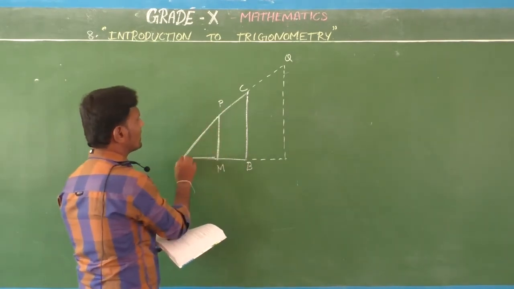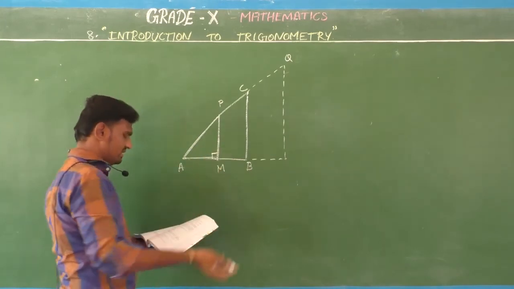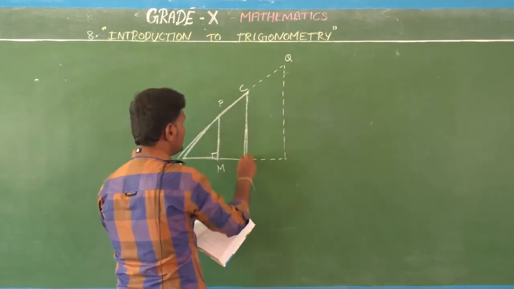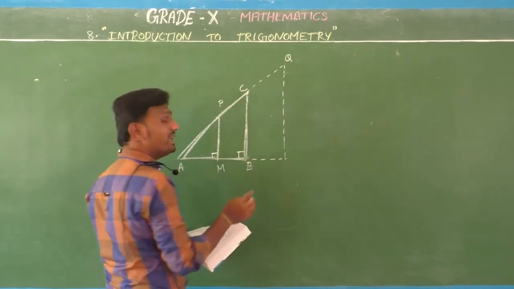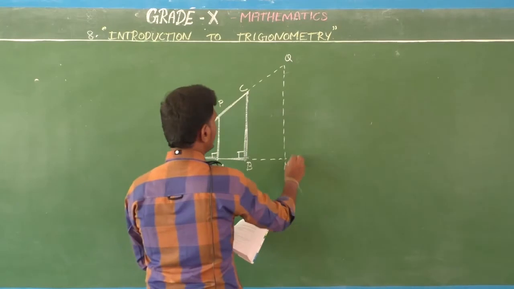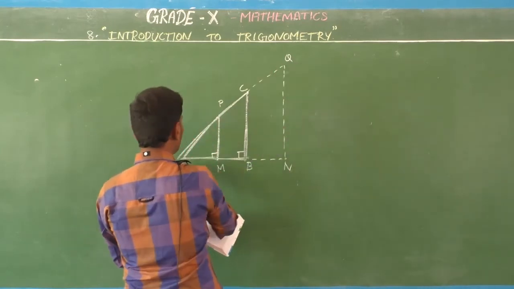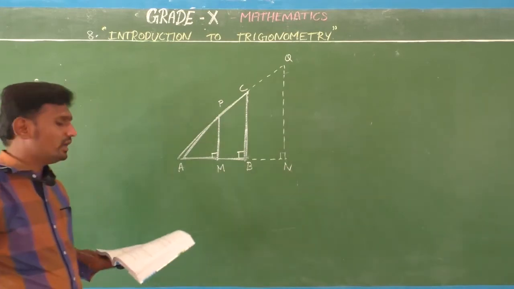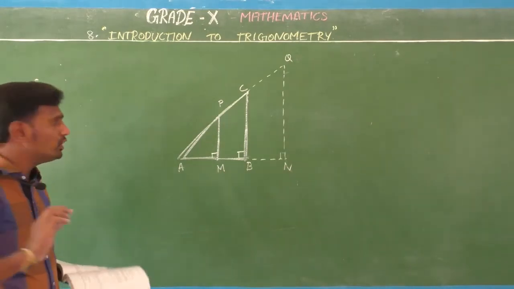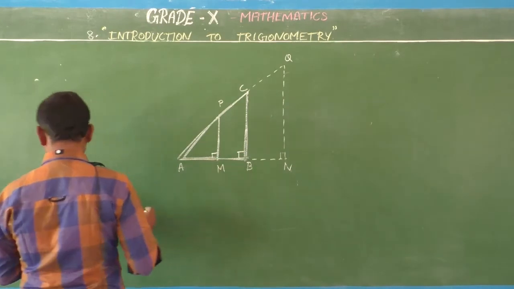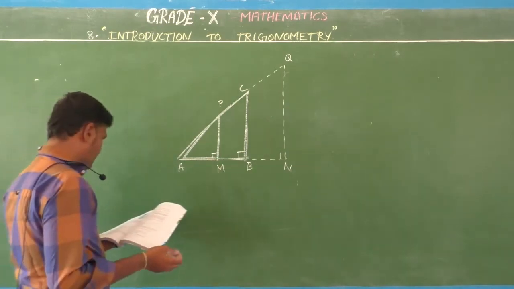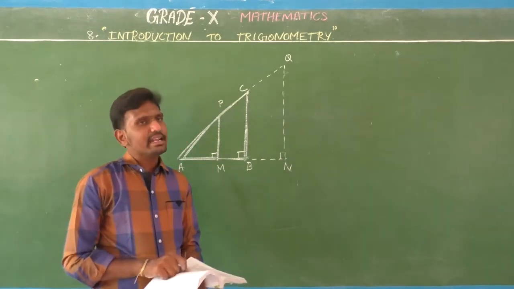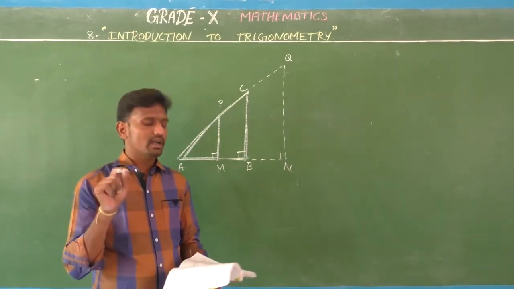PAM is one triangle, right angled at M. And the triangle ABC is right angled at B. Then finally the biggest triangle QAN is right angled at N. So from that, these are the corresponding sides. As per the similar triangle property, you know one thing: the corresponding sides of the triangles are proportional.